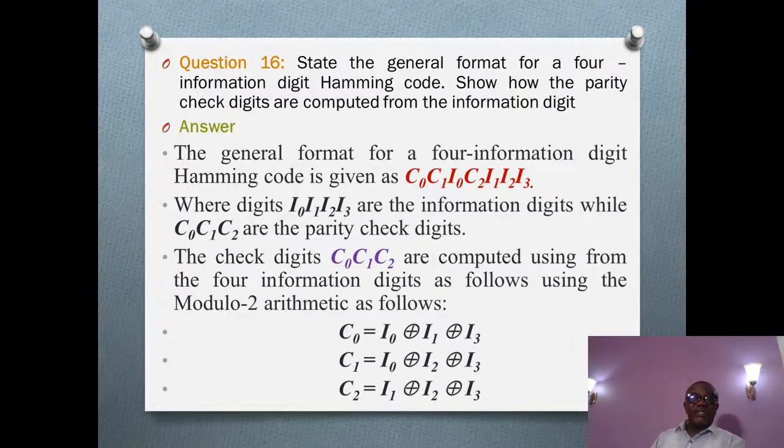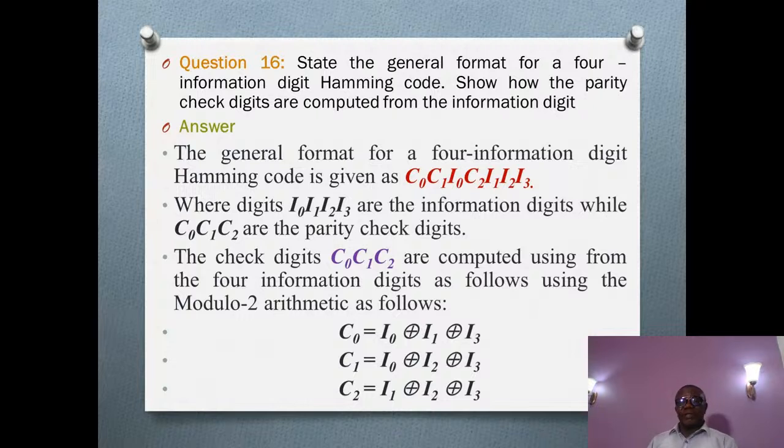You say where the digits I0, I1, I2, I3 are the information digits, while C0, C1, C2 are the parity check digits. So these parity check digits are computed from the 4 information digits as follows, and that is done using modulo 2 arithmetic.